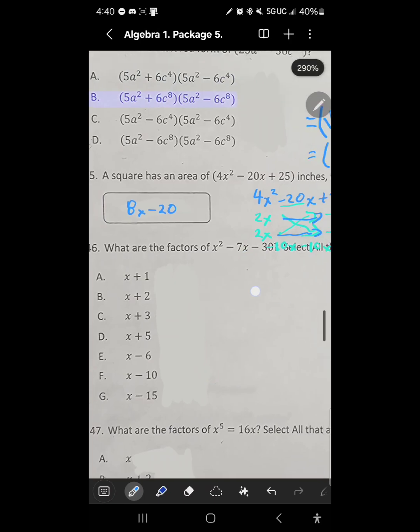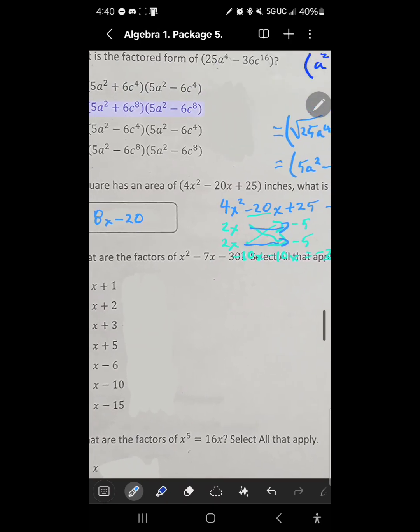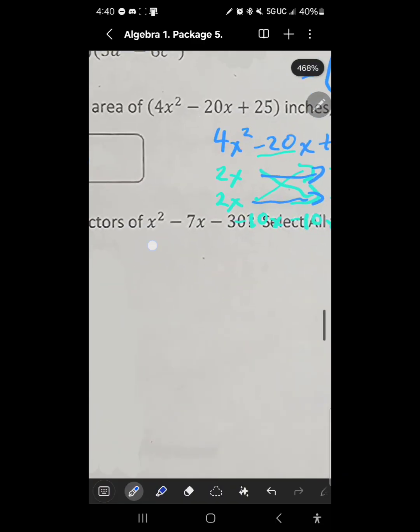Now, what are the factors of x squared minus 7x minus 30? We have x, x, and then here we have a negative, and here a negative. Since the last term is negative, our numbers need to be a positive and a negative.